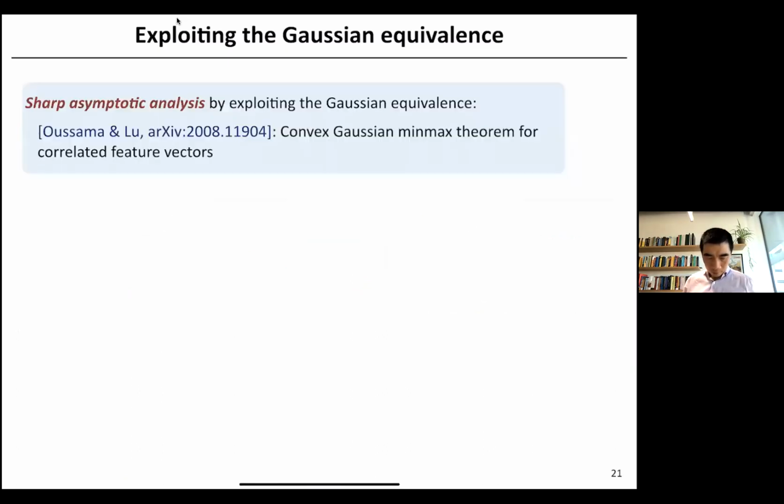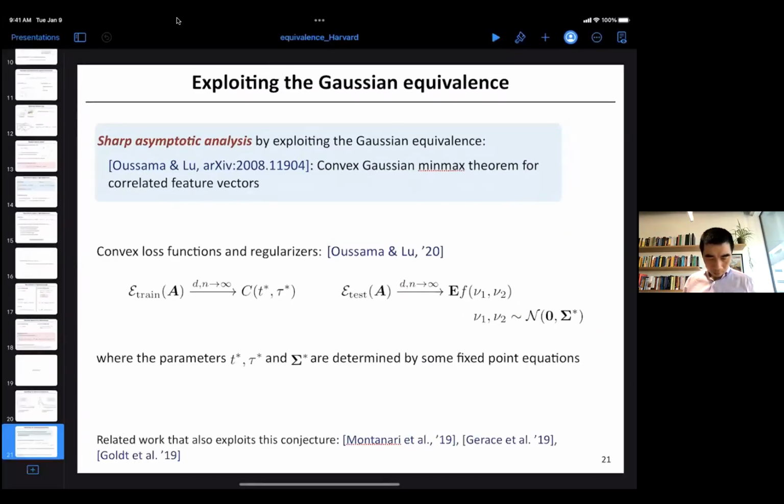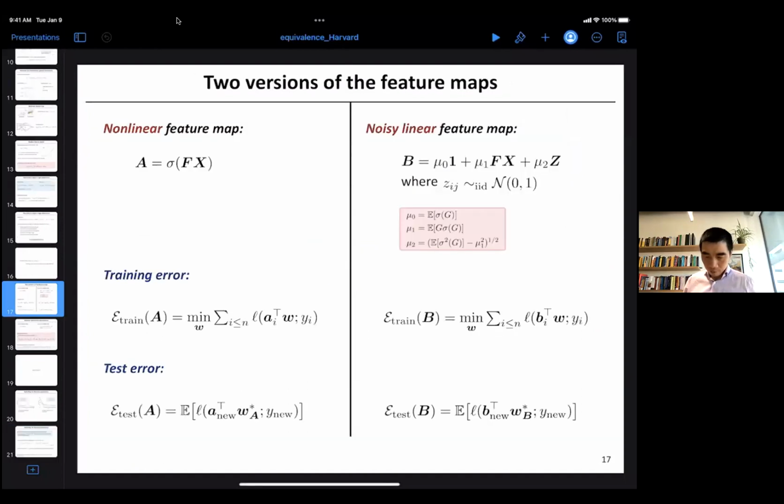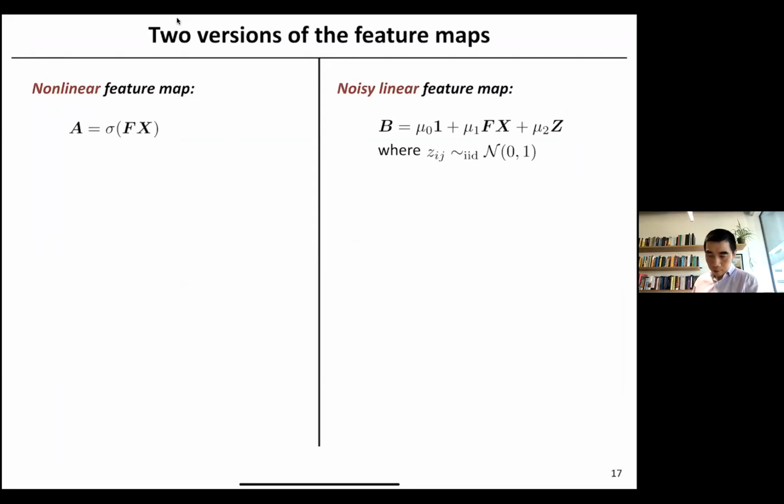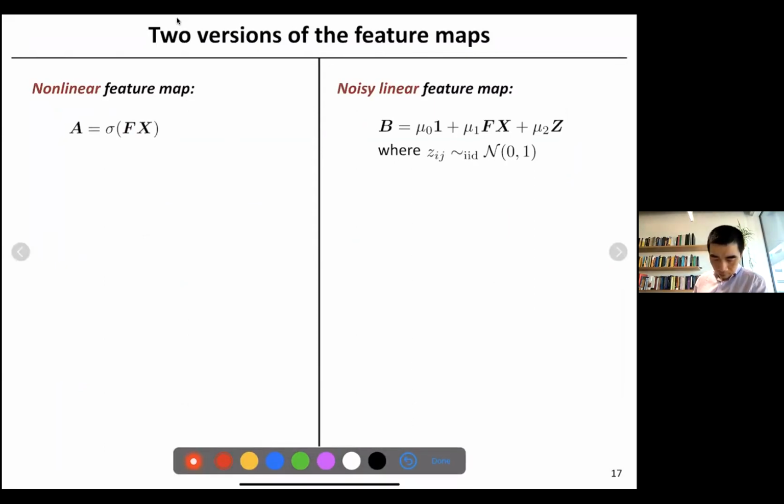So let me go to the place where we define the B version. In this case, because we are using the matrix notation, the A here is F, which is a matrix, times X, and then you apply sigma.